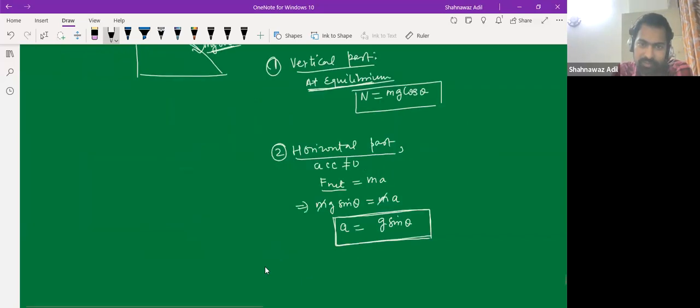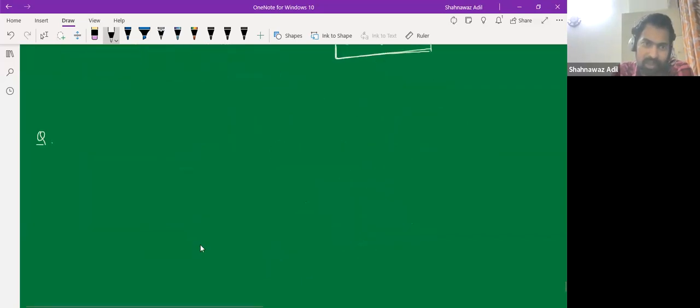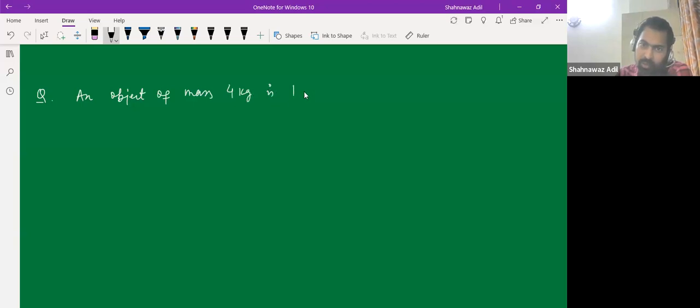Now let us do one question and then we'll start friction. An object of mass 4 kg is put on an inclined plane at an angle of 60 degrees.